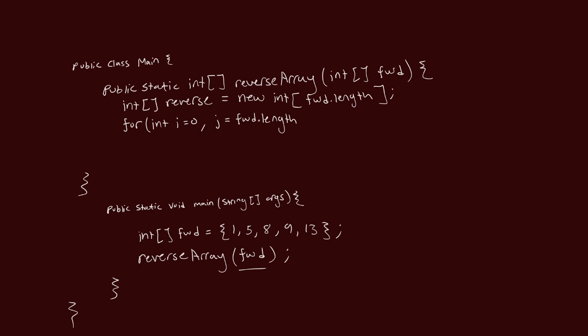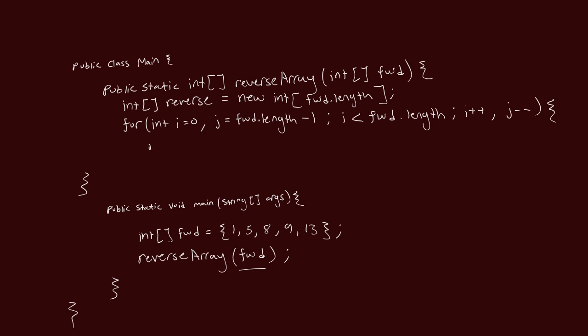Oh yeah, sorry, length minus 1. Okay, because this is going to give us an index value. Our i has to be less than our forward array dot length, and then we're going to increment i by 1 each time and decrement j by 1 each time.